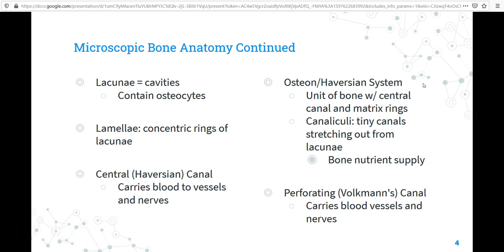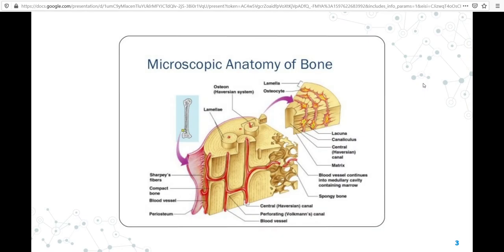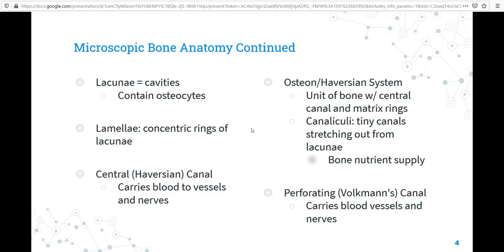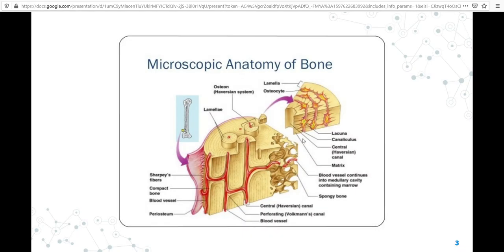It's often described as a unit of bone with the central canal and matrix rings. The matrix rings are around the central canal. Here's what that osteon unit looks like, and here's that central canal in the middle right there. And then there's also the canaliculi, and these are tiny canals that stretch out from the lacunae cavities, and they're important for nourishment of the bone, and they really distribute those nutrients around the bone.